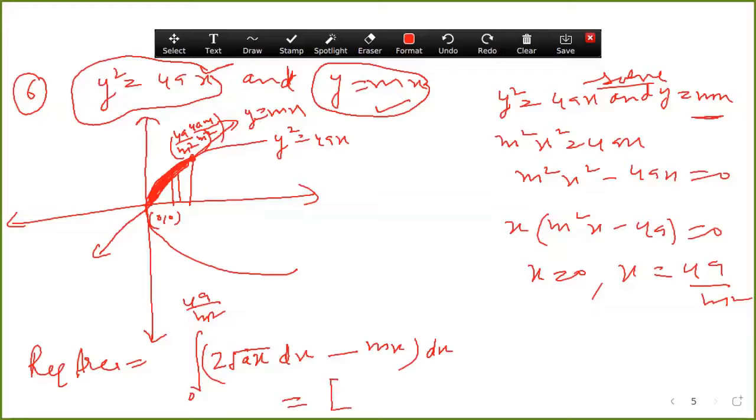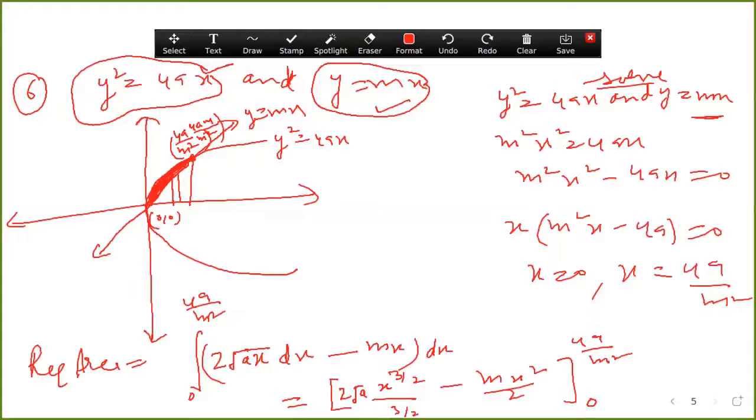What is the integration? You can say here 2 root a is taken common. Root x integration is x to the power 1 by 2 plus 1, that is 3 by 2, divided by 3 by 2, minus mx square upon 2, and limit is from 0 to 4a upon m square.